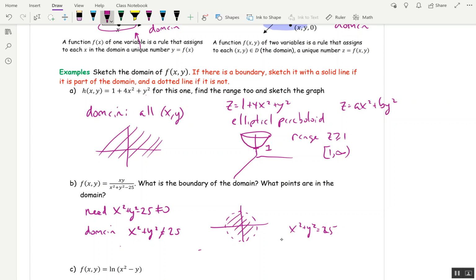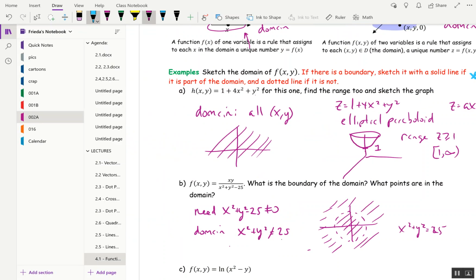That would be in the domain. And anything outside the circle is fine. That would be in the domain. And the reason why I used a dotted line for that boundary curve, x squared plus y squared equals 25, is because those are the points that are not in the domain. And so up in red here, I said, use a solid line if it's part of the domain and a dotted line if it's not. Somehow I switched pens.